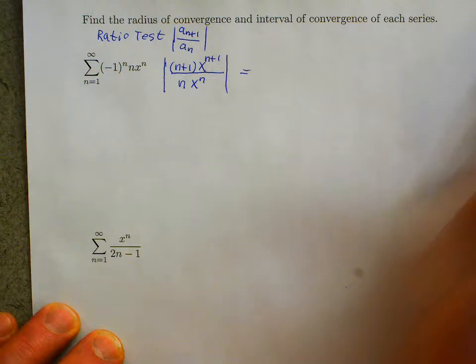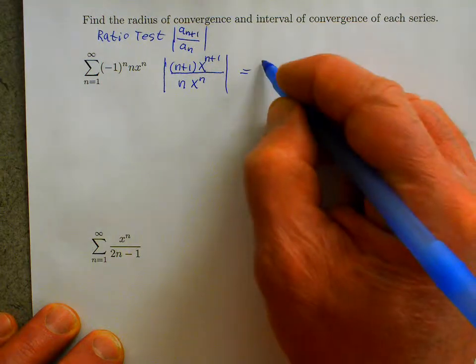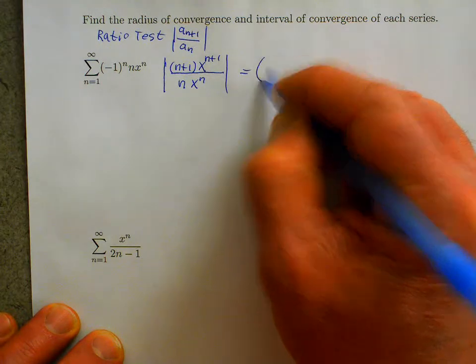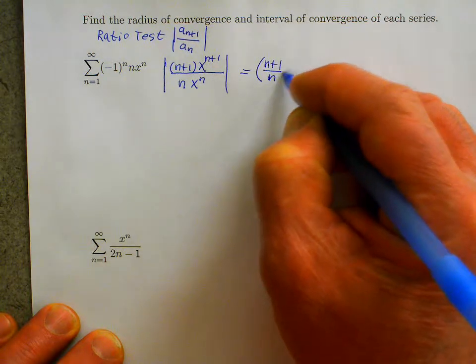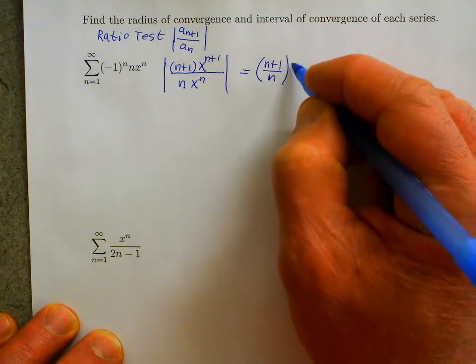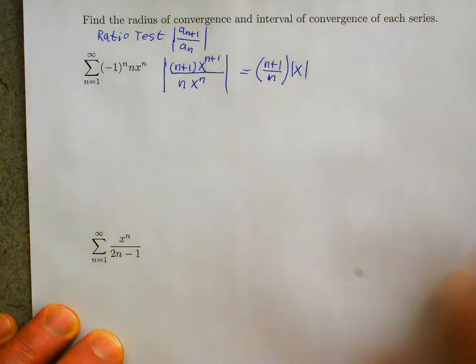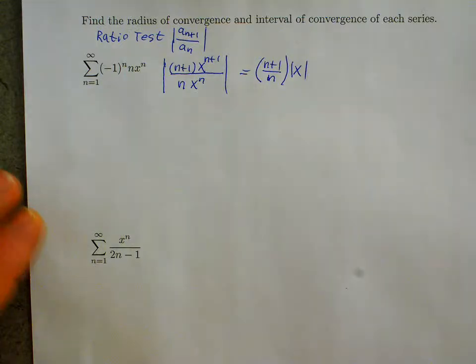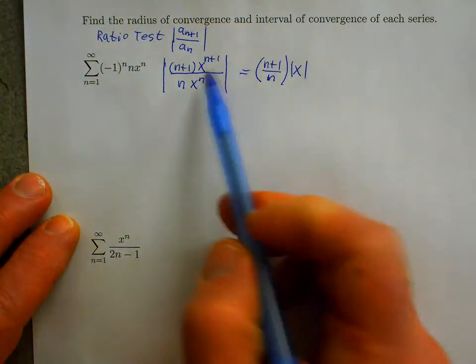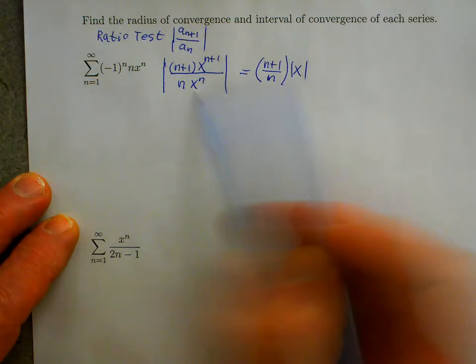So we can rewrite this. We can think of this as n plus 1 over n times the absolute value of x, because x to the n plus 1 divided by x to the n is just x.